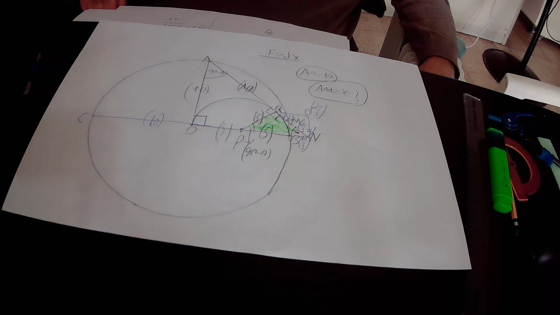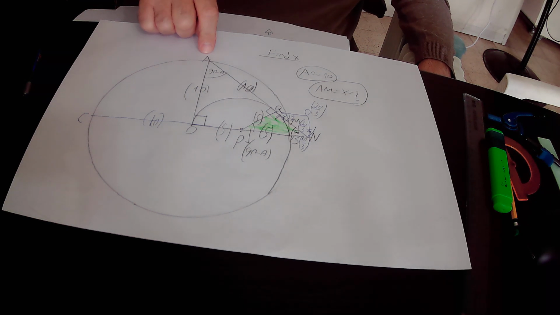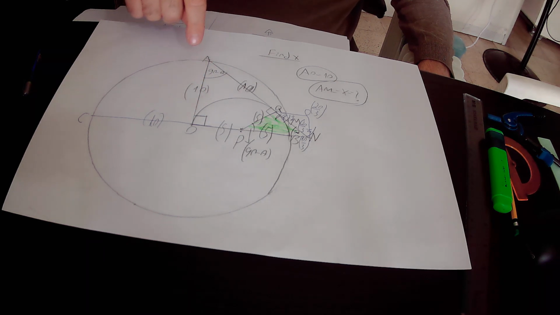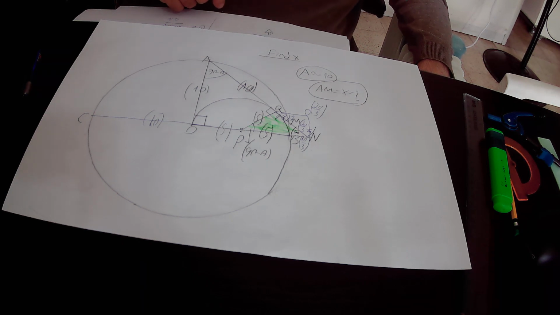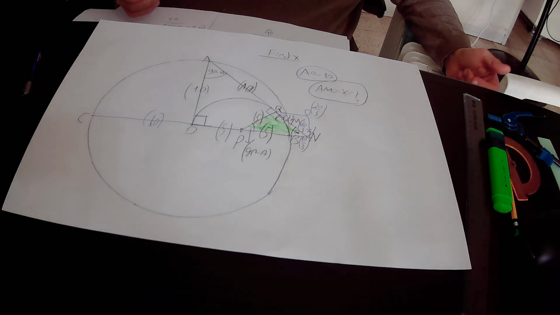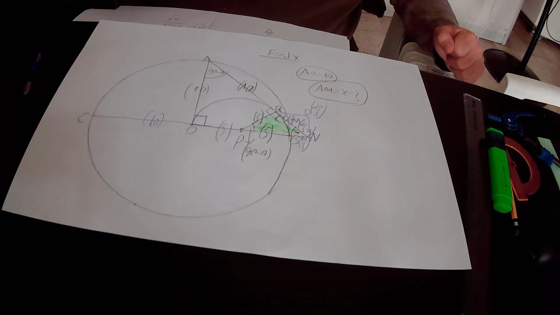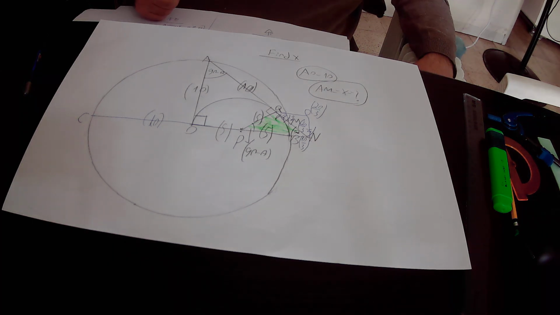Then we focused on the common external point A. From the common external point A, we have tangent AO and tangent AQ to this semicircle. And according to rule number 2, the lengths of two tangents from a common external point to a circle are equal.